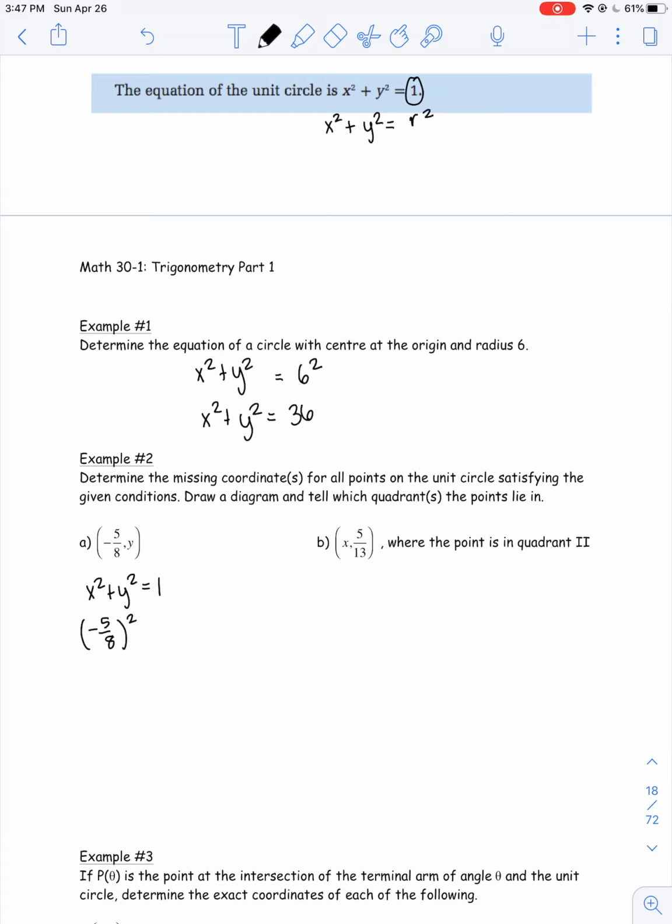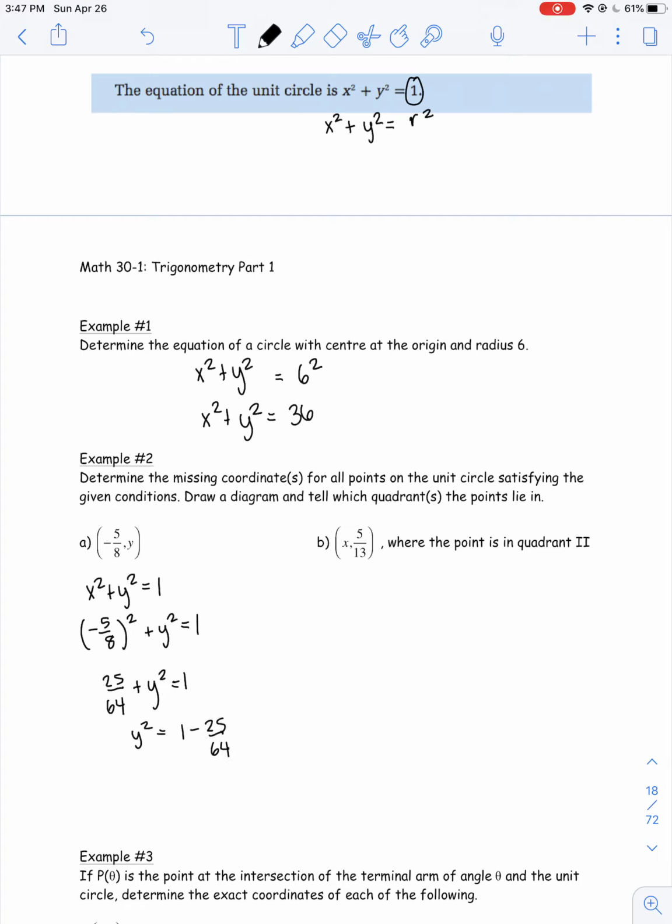Our x value is negative 5 over 8. We're going to square that, which is 25 over 64, plus y squared equals 1.